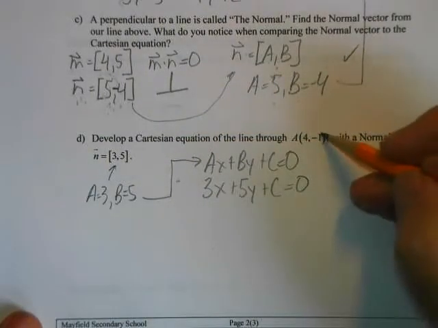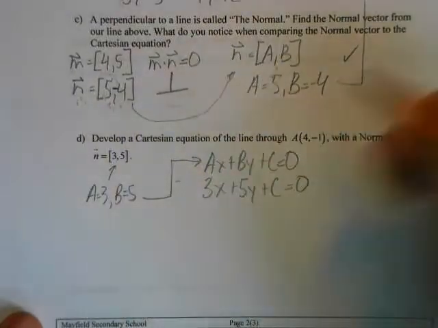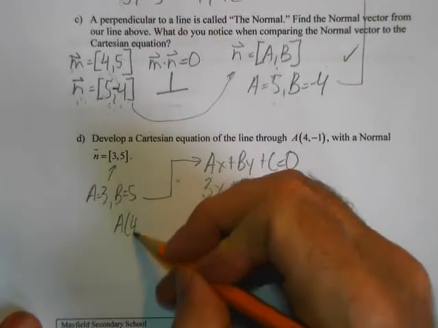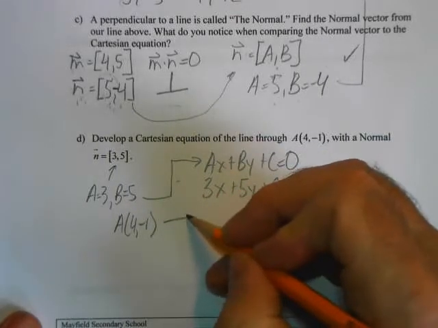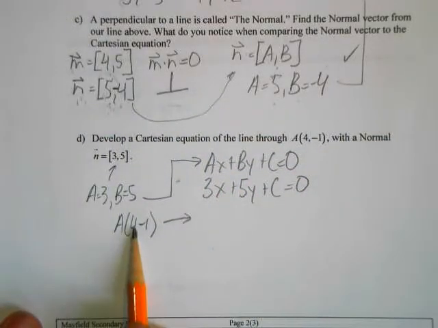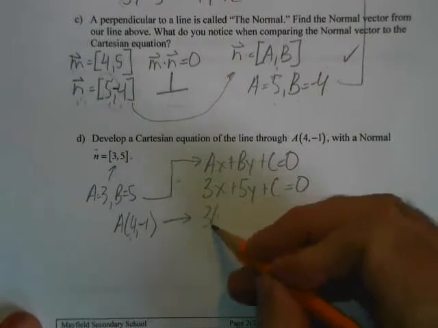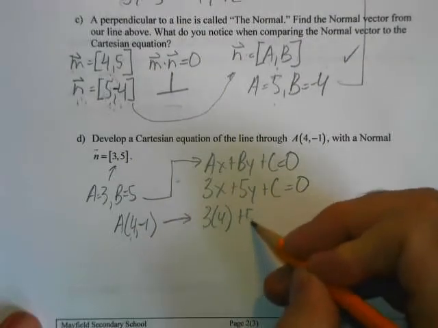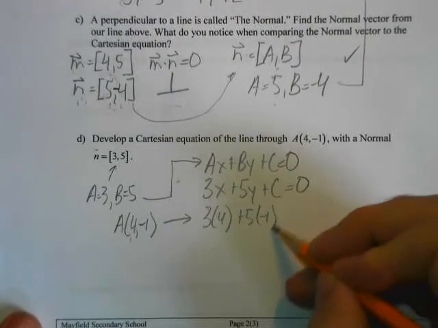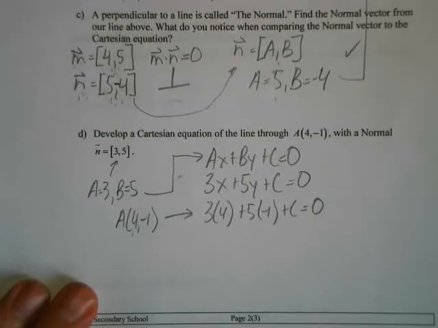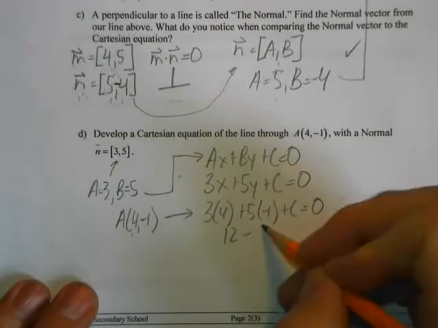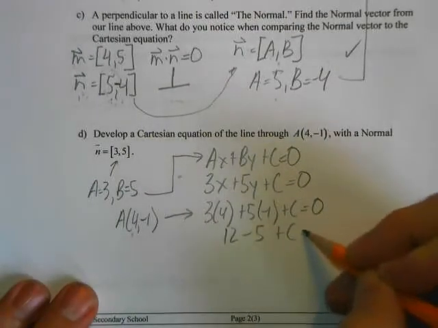And they gave us this point, 4, -1. I'm going to plug that in now. The x is 4, so 3 times 4, plus 5 times y, which is -1, plus c equals 0. That's going to be 12 minus 5 plus c is equal to 0.